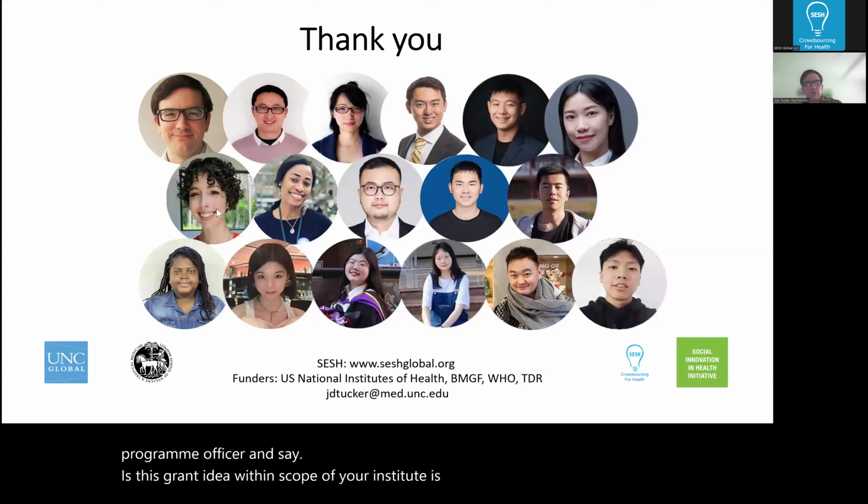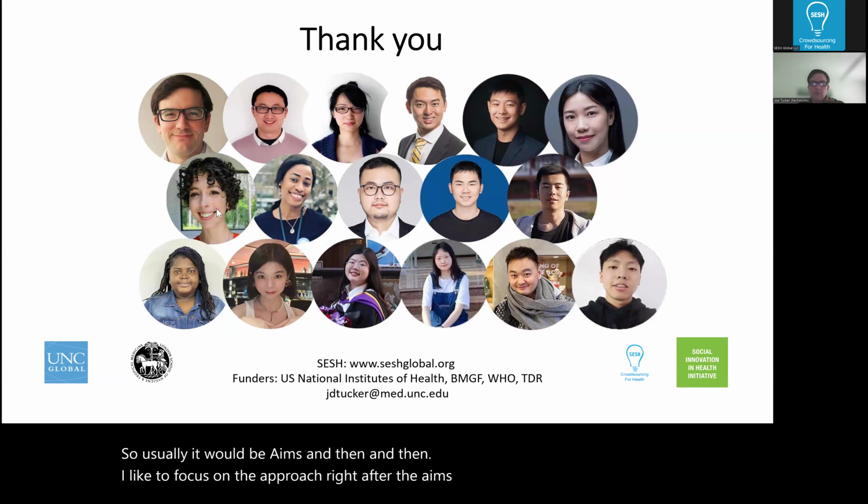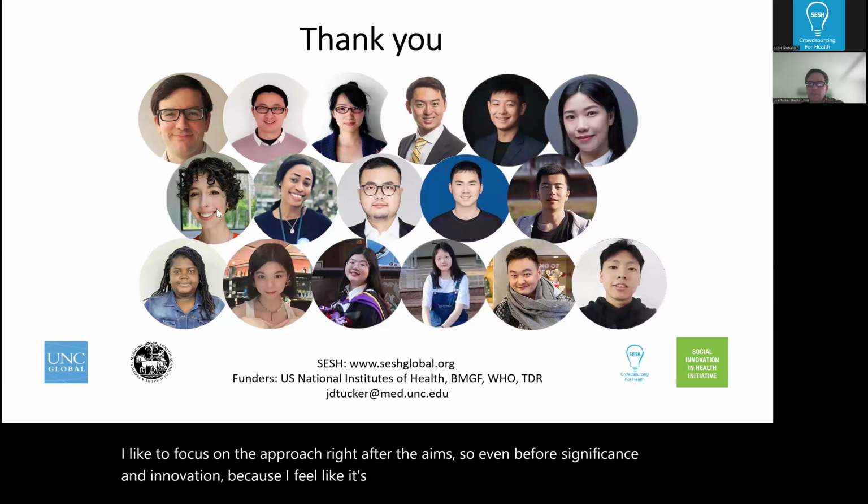So usually it would be aims, and then I like to focus on the approach right after the aims, even before significance and innovation, because I feel like it's such a key part, and the significance and innovation can sort of be a little bit easier.